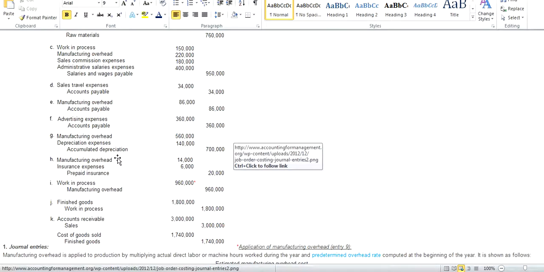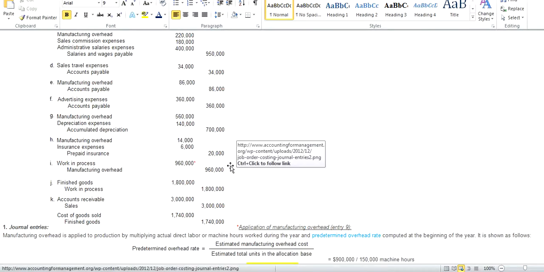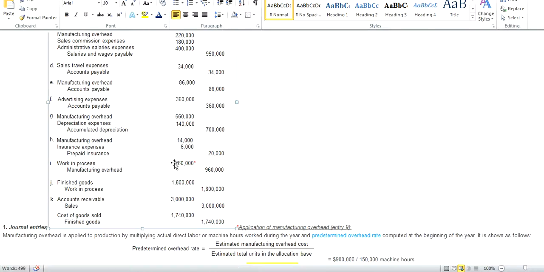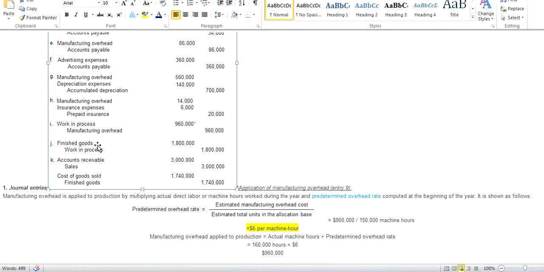Insurance, 14 related to the factory, 6,000 related to selling and admin. And then this was our application of our predetermined overhead. So 960 as a debit to work in process, and 960 as a credit to manufacturing overhead.